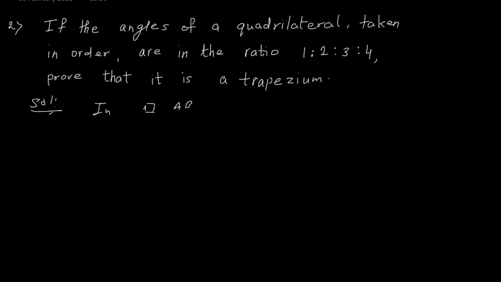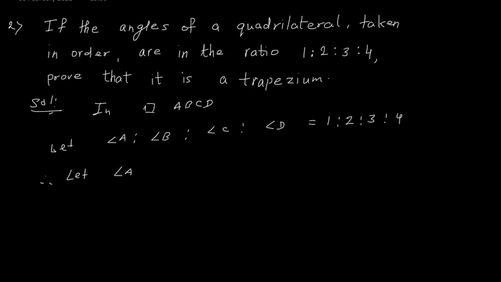So let us consider, in the solution, in quadrilateral ABCD, let angle A ratio angle B ratio angle C ratio angle D be given as 1 ratio 2 ratio 3 ratio 4. Therefore, let angle A be x, angle B be 2x, angle C be 3x, and angle D be 4x.